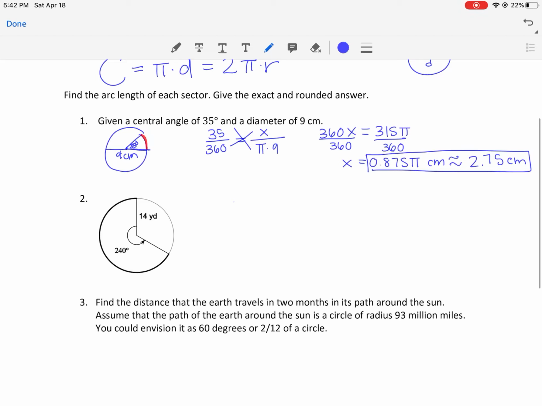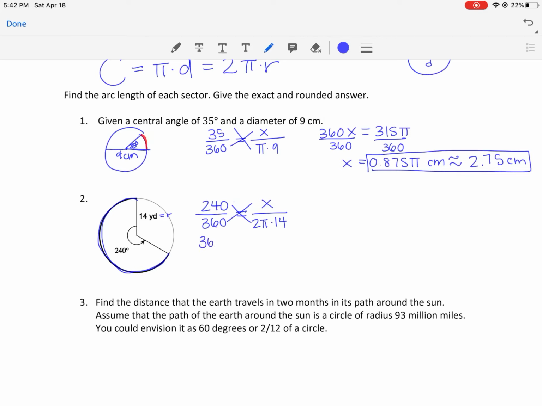Okay, on this next one, we're going to take the degrees we're looking for, which is 240. And you'll notice it's kind of darker here about the one that they want, but we're looking for the arc length of that part over there on the left. We're going to take the 240 degrees that matches up with that, divided by how many degrees in a whole circle, which is 360, equals the arc length we're looking for over the circumference of this circle. In this case, it gives us the radius. So in the bottom here, we're going to put 2 pi times the 14.